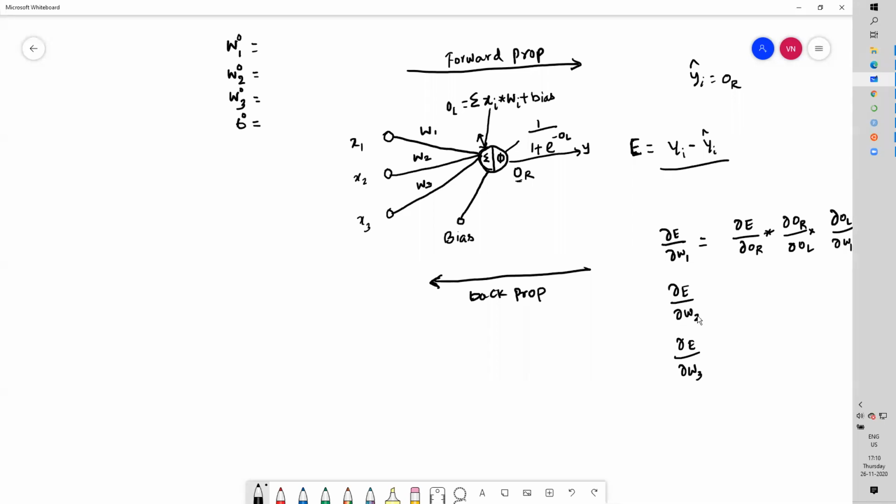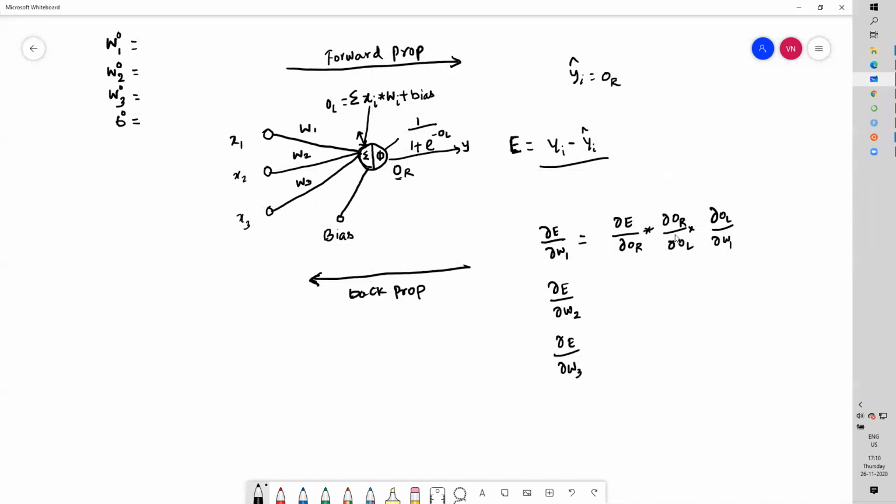We are going to use this equation to find the gradient of this, and the same way dou E by dou OR into dou OR divided by dou OL into dou OL divided by dou W2.